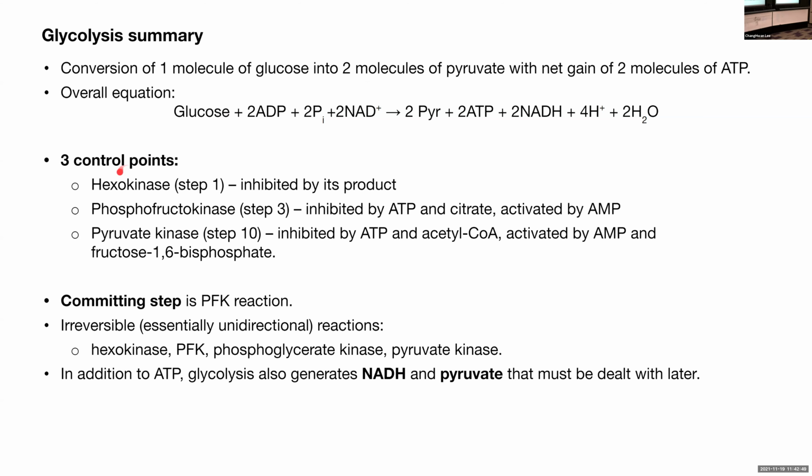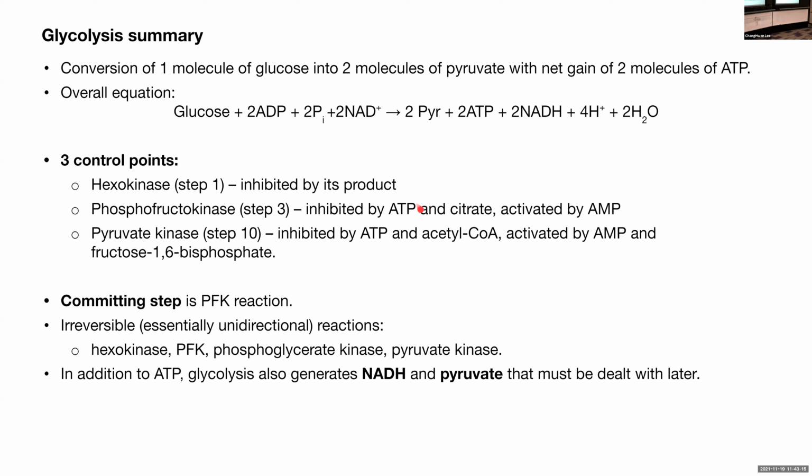And there were 3 points of control within this glycolysis. The first one is on step 1, where hexokinase is involved for that reaction. And that hexokinase enzyme is inhibited by its own product. The second one is phosphofructokinase, or PFK, that happens on step 3. That can be inhibited by ATP and citrate, which makes sense, right?